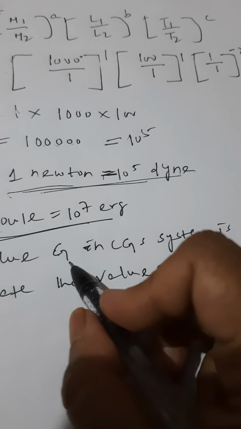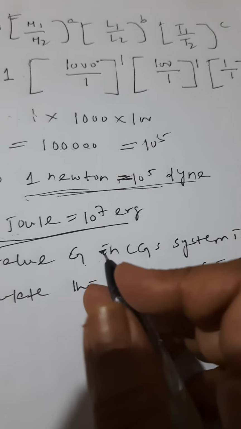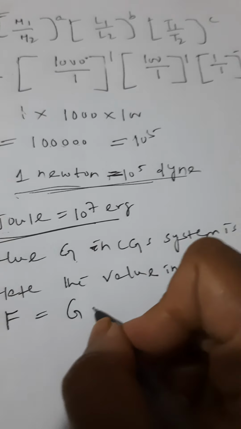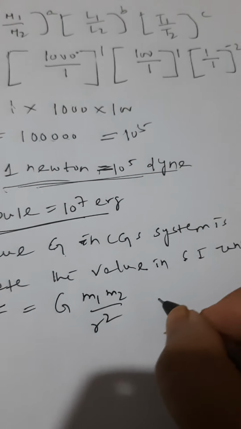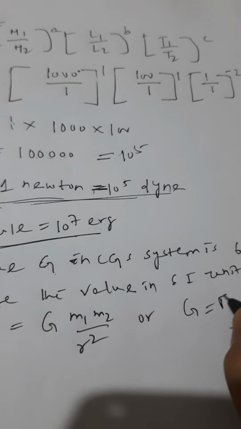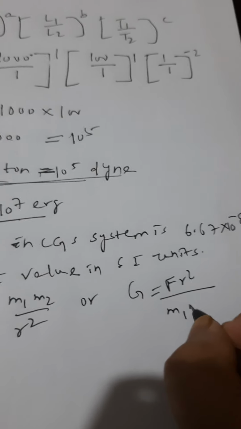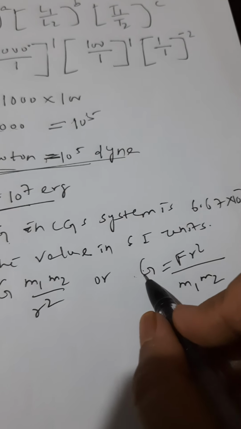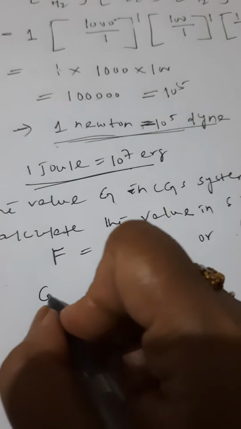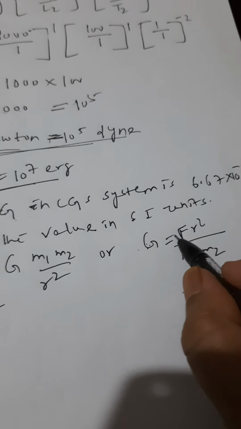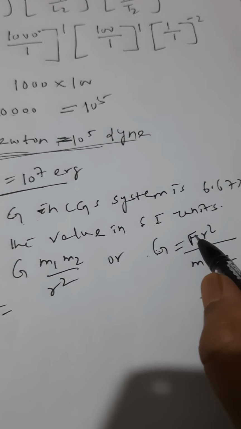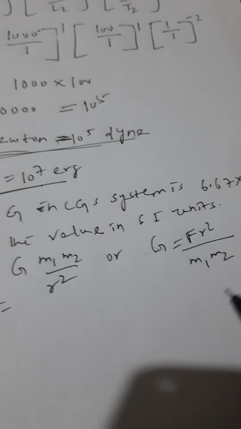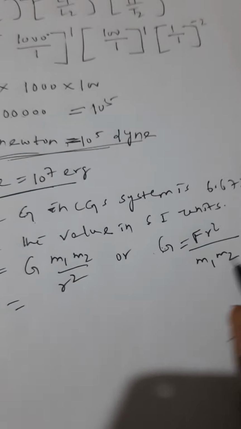So for universal gravitational constant, we know the formula: F is equal to G m1 m2 by r square, or G is equal to F r square by m1 m2. Now the dimensional formula for this G is equal to F r square by m1 m2. F is force, M L T to the power minus 2, r square is L square, by M square.